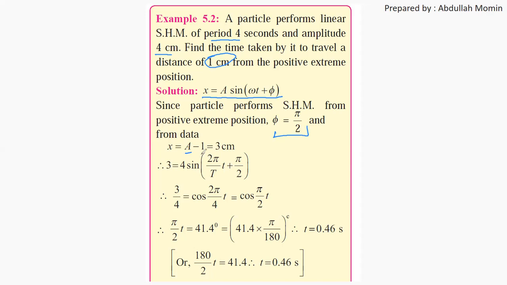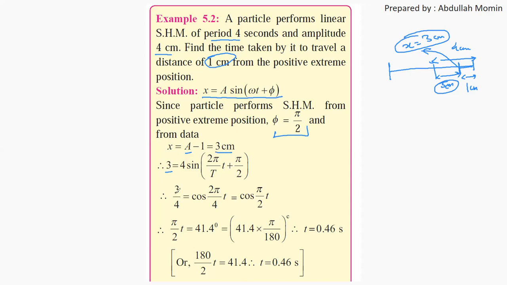Now the particle has traveled 1 centimeter out of 4 centimeter, so the remaining distance is 3 centimeter. So now the particle is at a position 3 centimeter from the mean position.